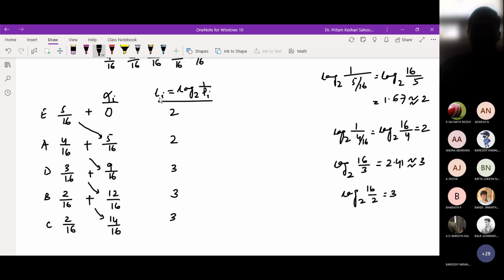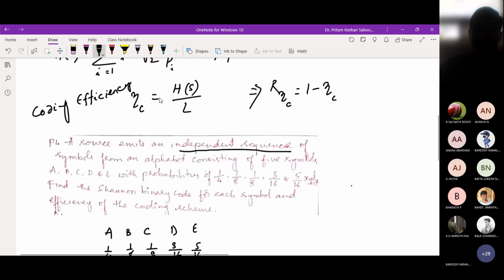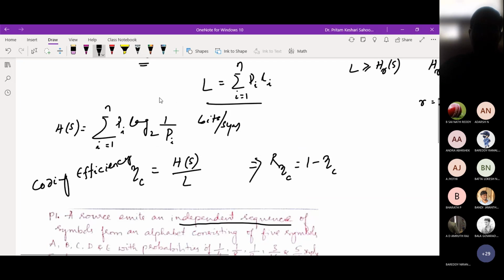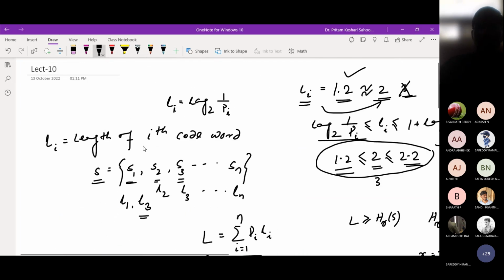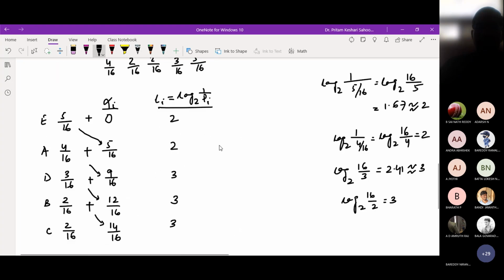Small li, you recall what I had written, is the length of the ith code word. So that means in this example, when we represent the alphabet E by a code word, that code word must have a length of 2 bits.